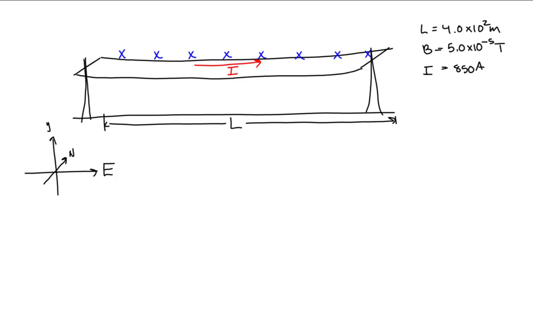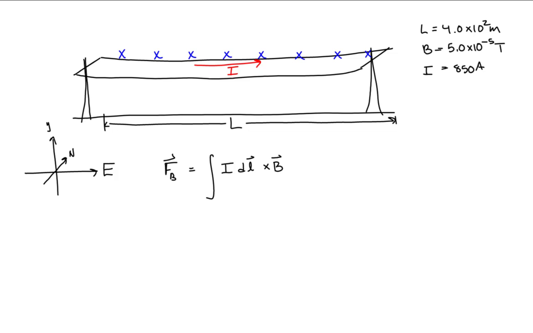Using this information, we have to determine the magnitude and direction of the magnetic force on this length of wire. The formula for the magnetic force on a current-carrying wire is given as an integral over the length of the current in the wire with the cross product of a displacement differential in the direction of the current and the magnetic field that the wire is inside of.